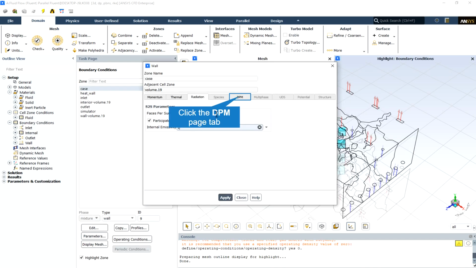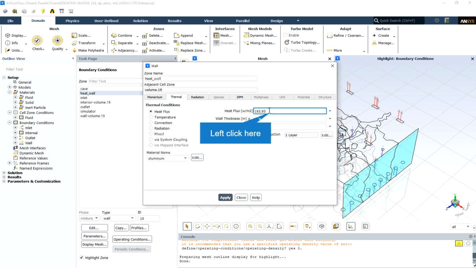Also, all the existing walls in this computational domain participate in the radiation phenomena. This is the highlighted wall that acts as a heat wall and has a constant heat flux that is identified in this section.